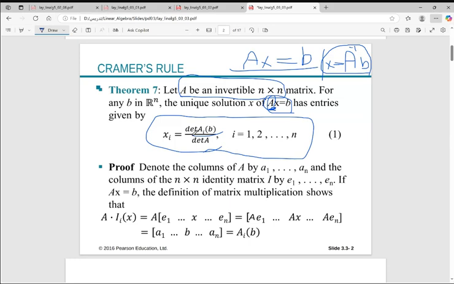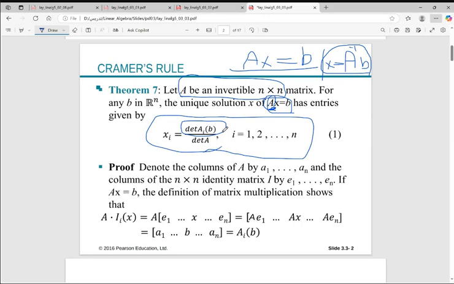And what is AiB? AiB is the same as A, but in its column i, we have put vector B. We have replaced its column i by vector B.